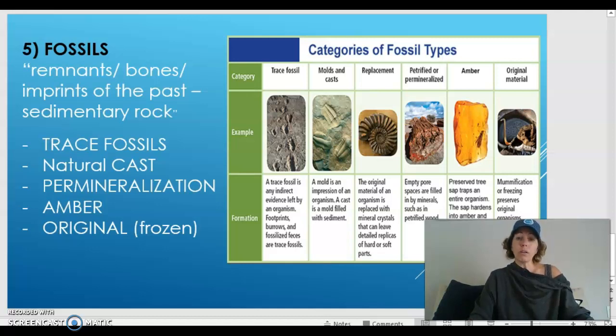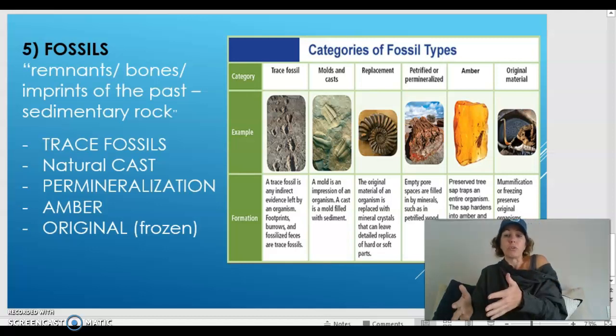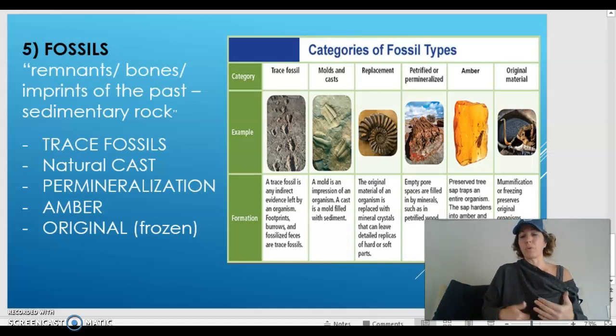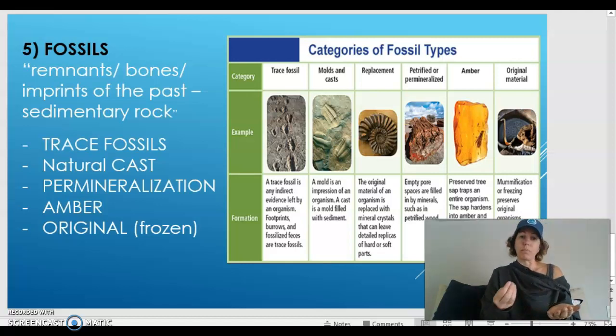And so all of this leads us into, especially with amber preserved fossils and the original remains, that if we have ancient organisms and we can actually extract blood out of those organisms, now we're talking genetic engineering, cloning, and possibly bringing back these extinct organisms into the present. And that's a whole other debate.